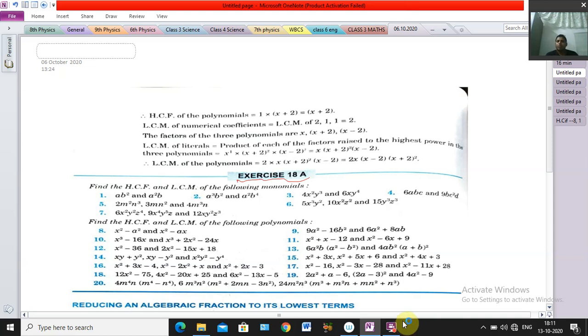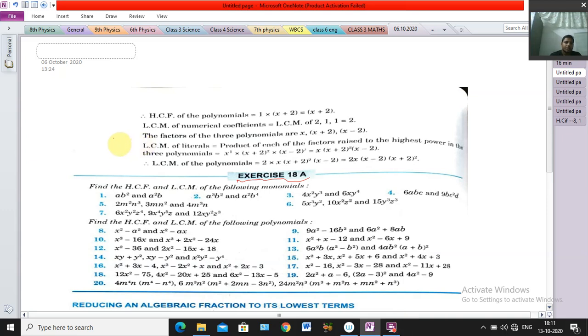Here basically all the problems are given from the factorization chapter, so we can do them. Clear? If you practice and try, you can solve them, because all the problems are the same type, like factorization. Clear? Okay, now let's start exercise 18a.